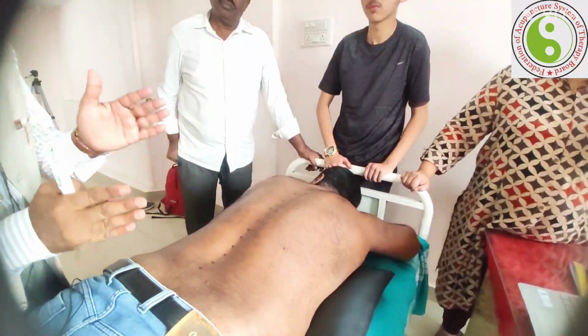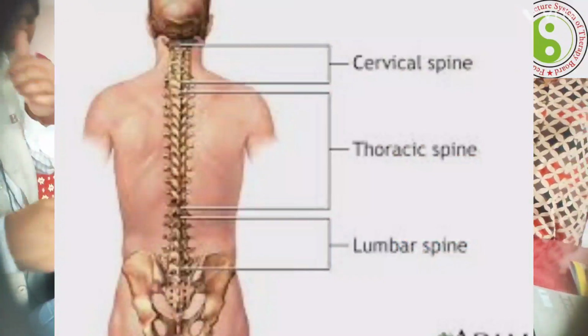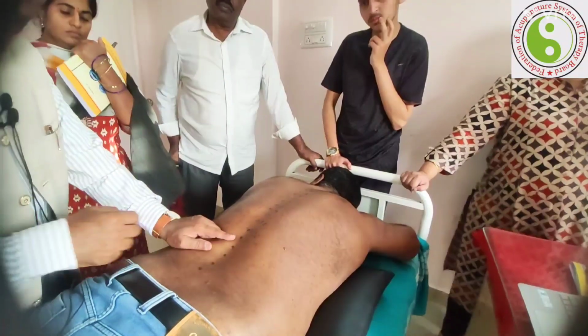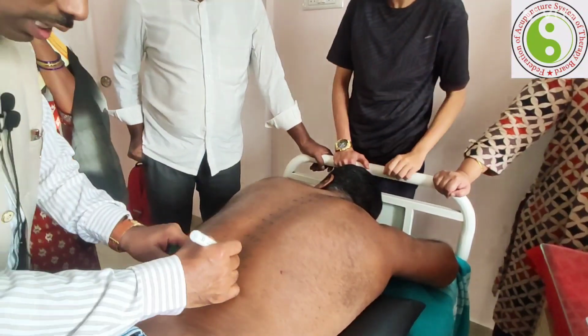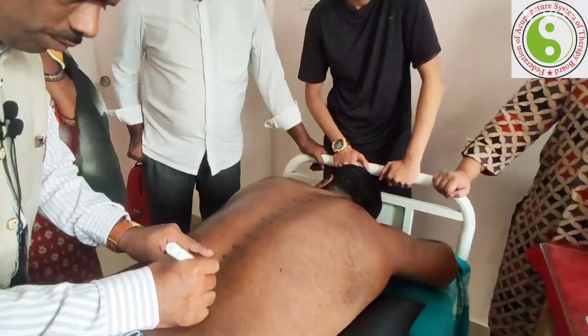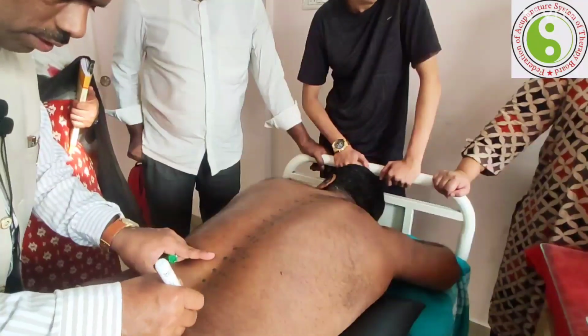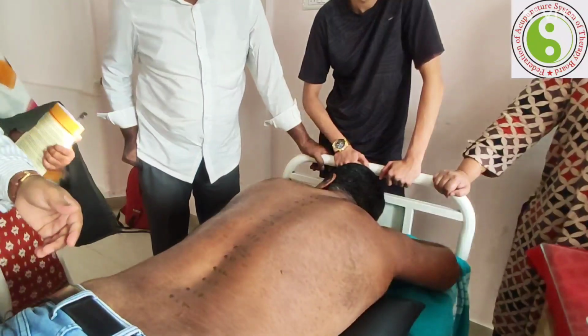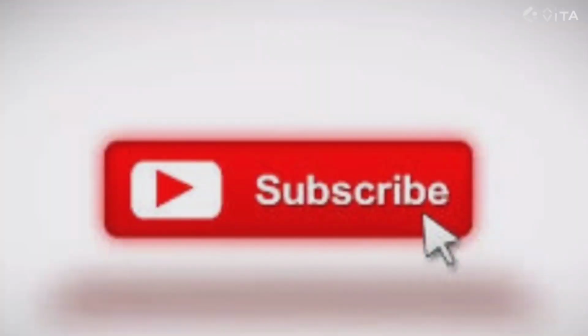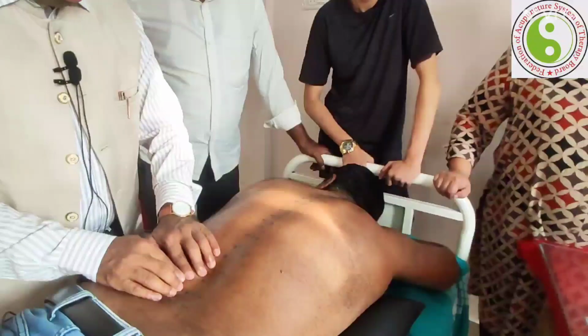It changes slightly from person to person. Now this is L1, L2, L3, L4, L5. So now there are the 5 bones.